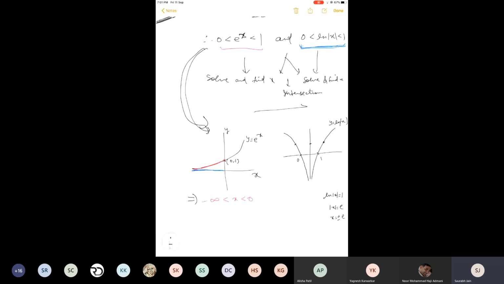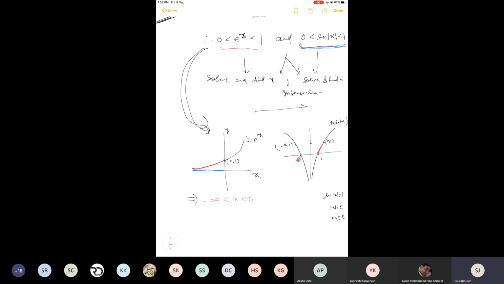Okay. And we have to only consider that portion which is between 0 to 1. So this height is 0, this height is 0, 0 to 1 height. Okay. And sorry, this I have wrongly mentioned. This will be minus 1. And this portion is also there.